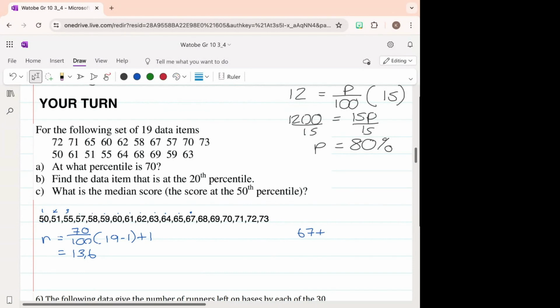That was my 13th one. Now I need plus 60%, so 0,6, because 60% of 68, the 14th one, the next one. What do I get?